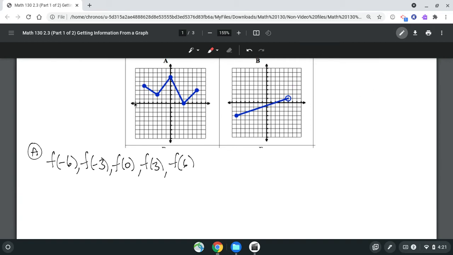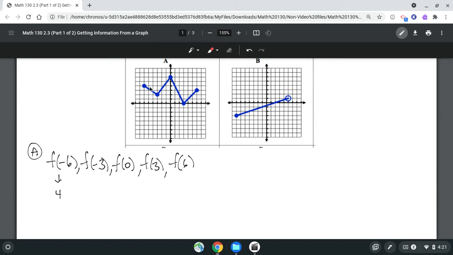All right, so we'd have to go all the way to -6. So 1, 2, 3, 4, 5, 6. So here's -6, and the y value that it's associated with is 1, 2, 3, 4. Okay, so to save space, I'm just going to write an arrow. f of -6 is 4.